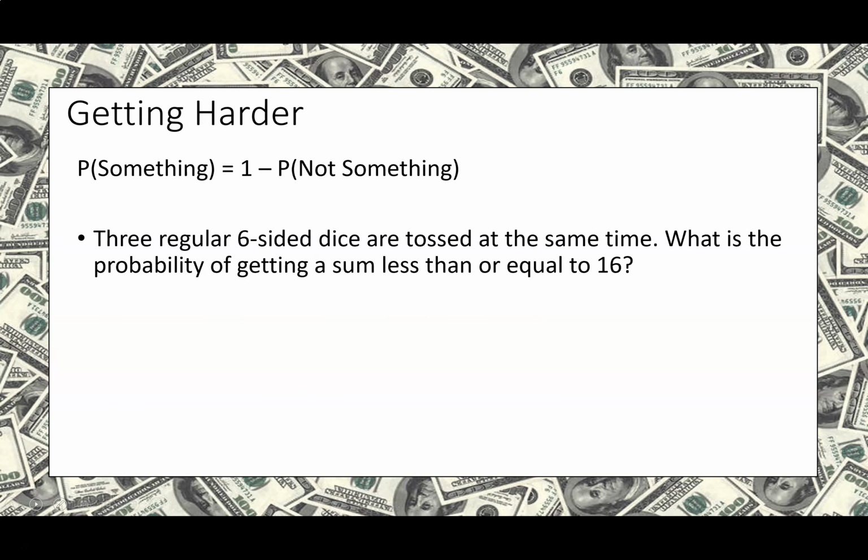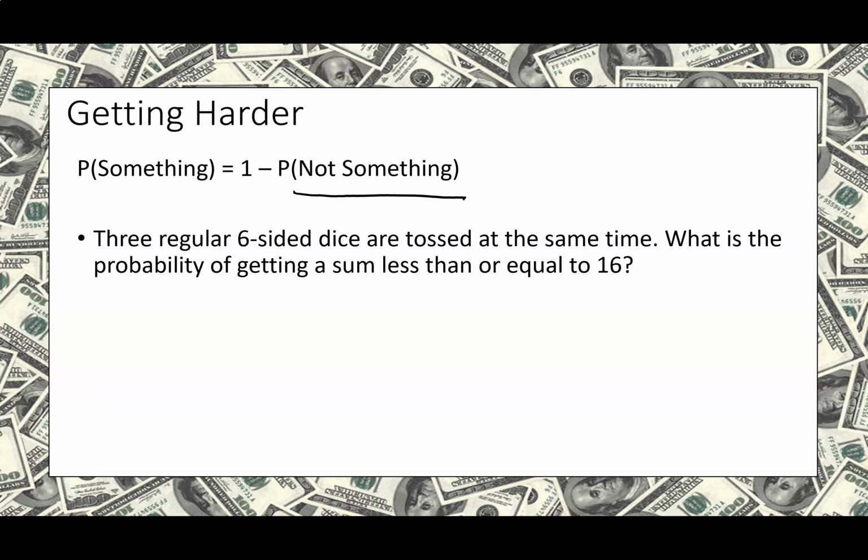All right. Now, let's do a problem where I think the formula actually does help. So here we've got 3 regular 6-sided dice tossed at the same time. What's the probability of getting a sum less than or equal to 16? Okay, now that's a ton of things to count. And so we usually choose this formula when it's a lot easier to count the not something.